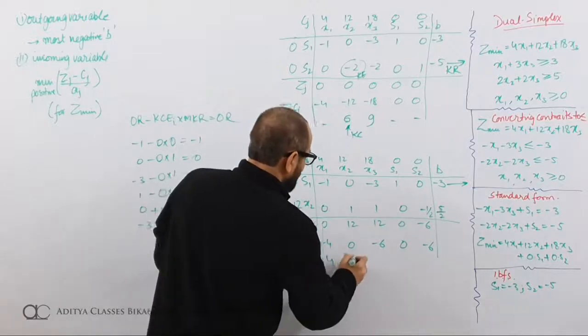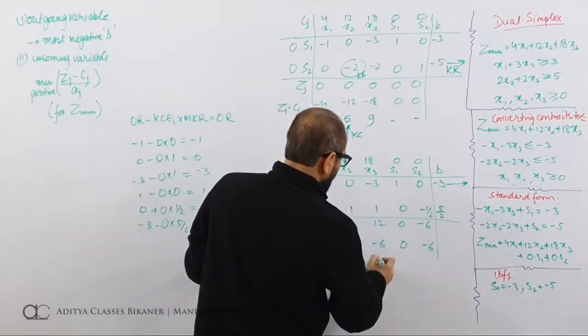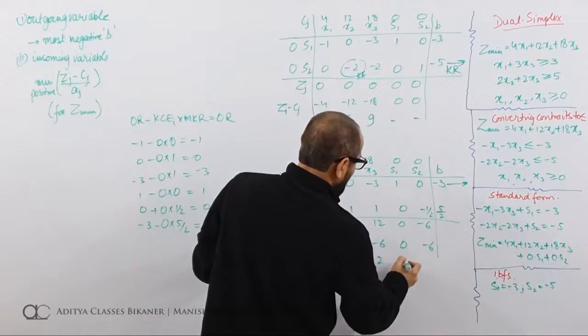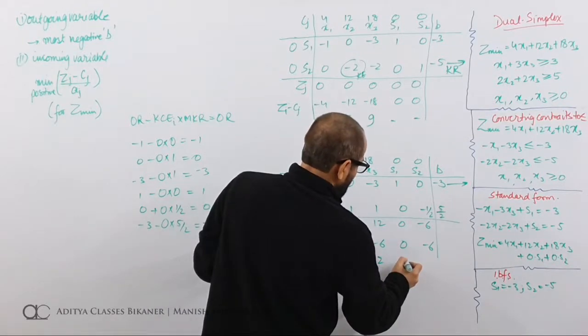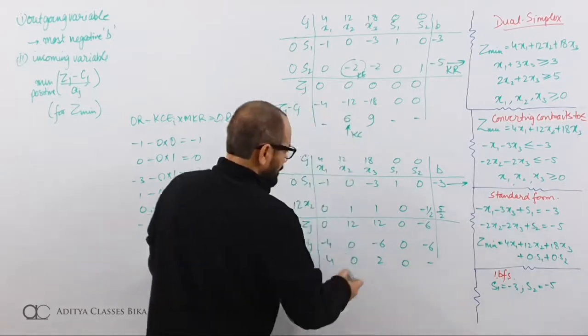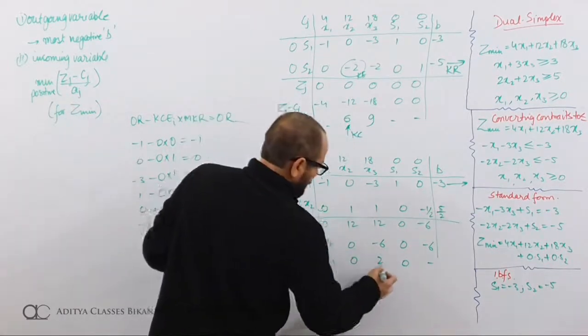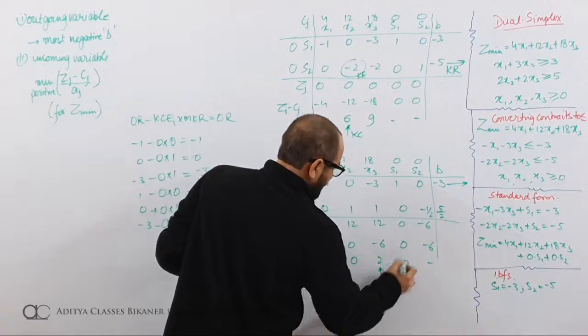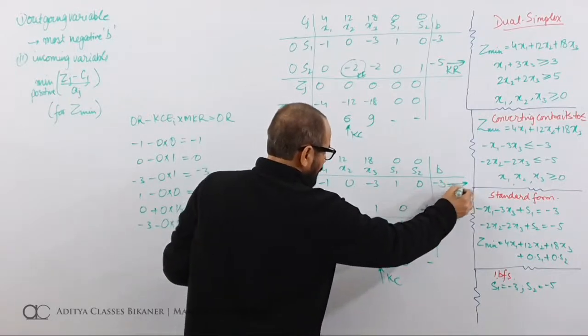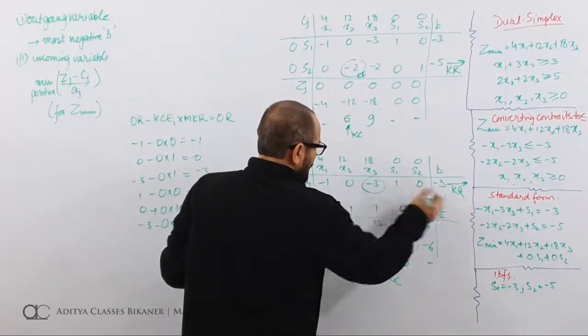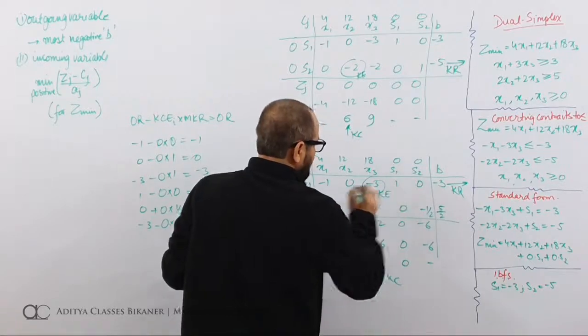So this will be 4, 0, 6 by 3 would be a 2. We'll have a 0 and infinite. I need to pick minimum positive. Minimum positive is this, giving me my key column. So I have my key row, I have my key column, I have my key element.